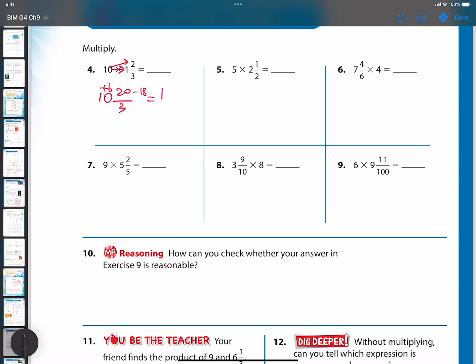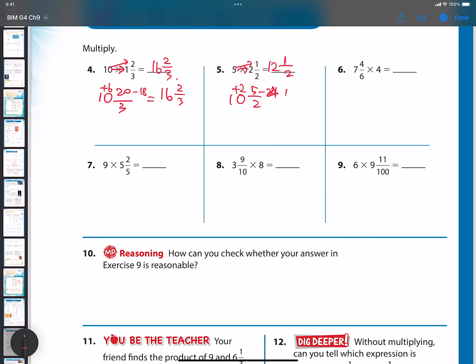Which means 16 and 2 over 3. 16 and 2 over 3. Okay, 5 times 2, 10. 5 times 1 over 2, 5 over 2. 2 can fit into 5 by 2 times. And the remainder is 1. So this is going to be 12 and 1 over 2.